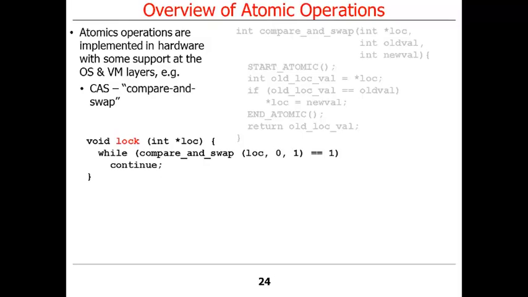So this thing's going to sit here, and it's going to spin until this value changes from 1, which means in use, back to 0, which means available. So 1 means locked, 0 means unlocked or available. And so this busy loop, this busy wait, is going to loop here until it gets changed back.